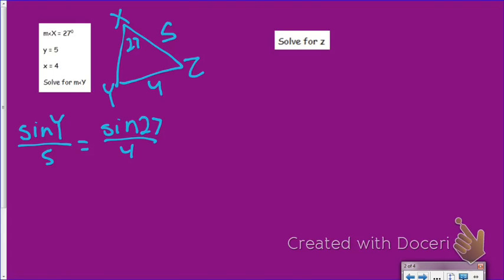I'm setting this proportion up just the same way I always would. Then I cross multiply and divide, so I get 5 sine 27 is equal to 4 times the sine of y. To get the sine of y by itself, I divide by 4.